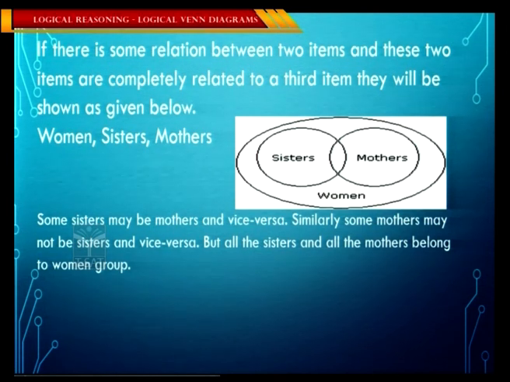So, sisters and mothers come in one circle, but the sister and mother circles intersect each other in a small part. Is it clear? Some sisters may be mothers and, of course, some mothers may be sisters, vice versa. Similarly, some mothers may not be sisters and some sisters may not be mothers. So, some part is common and some part is not common.